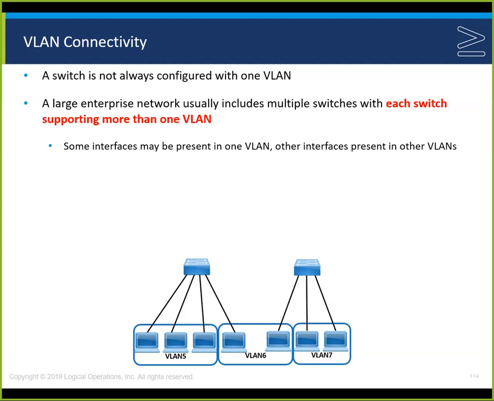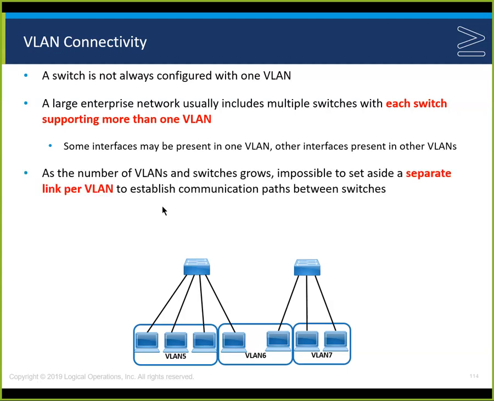Some interfaces may be present in one VLAN, others in other VLANs, and we have that here, VLAN 5, VLAN 6, and VLAN 6 has machines, and we looked at that in our demo. We had the different VLANs on the different switches, and now we need to be able to get the traffic to flow from one to the other.